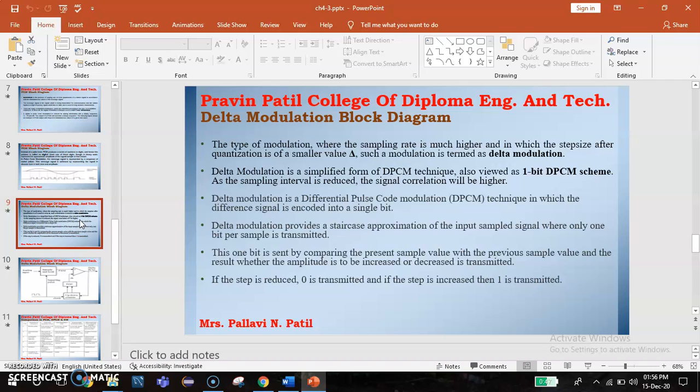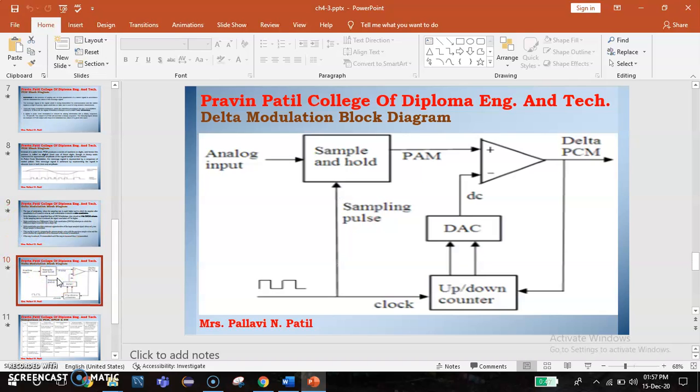This one bit is sent by comparing the present sample value with the previous sample value, and the result, whether the amplitude is to be increased or decreased, is transmitted. If the step is reduced, 0 is transmitted, and if the step is increased, then 1 is transmitted. This is the delta modulation block diagram.